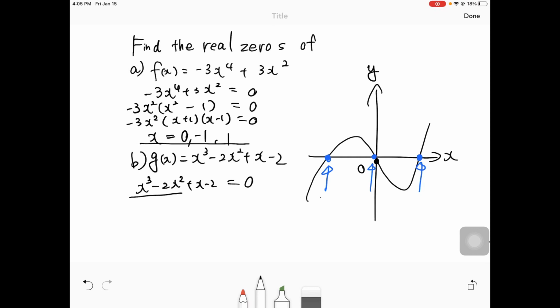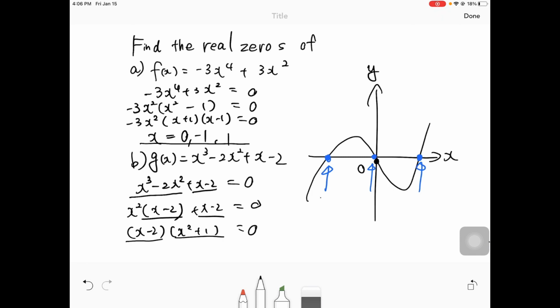So what I do is first I separate these two: x squared times x minus 2 plus x minus 2 equals 0. Now you've got a common factor, x minus 2. So let's factor it: x minus 2 times x squared plus 1 equals 0.